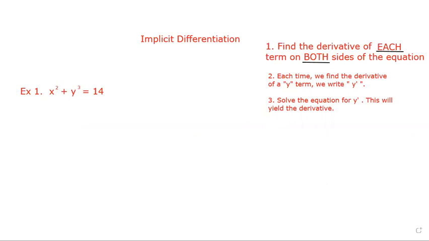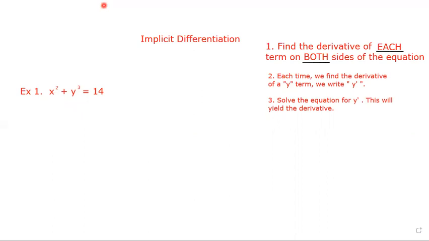Usually, we have a clearly defined function, so it will be y equals x squared plus 5, or y equals 3x cubed plus 7. When we have implicit differentiation, oftentimes we have our x's and y's on the same side of the equation. So the rules are a little bit different.